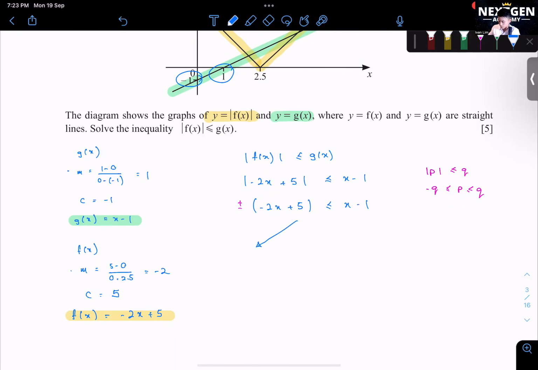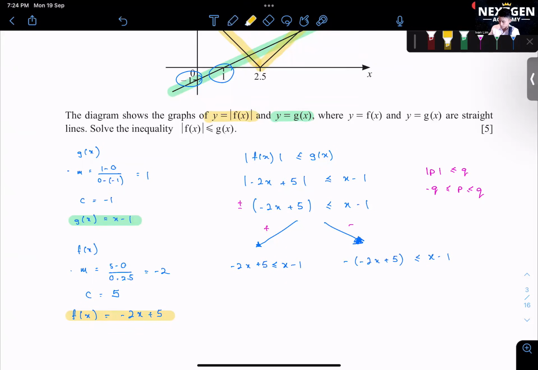Let's say I put this one as plus, this one as minus. So positive, then this one will be negative: -2x plus 5 less than or equal to x minus 1. For the positive one, it doesn't matter, you just do it as it is.